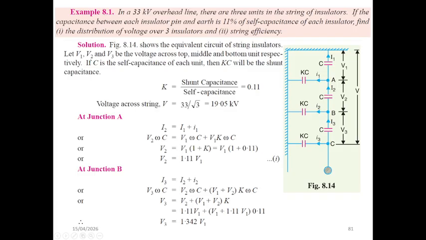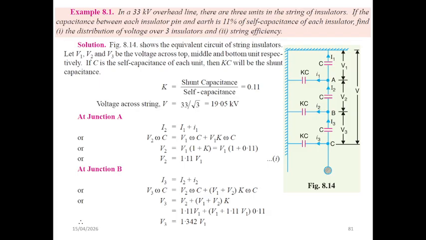The analysis begins by modeling the system using an equivalent circuit that includes both the self-capacitance of each insulator and the shunt capacitance, where K is given as 0.11, and the total voltage across the string is first calculated from the line voltage, yielding a phase voltage of 19.05 kilovolt.